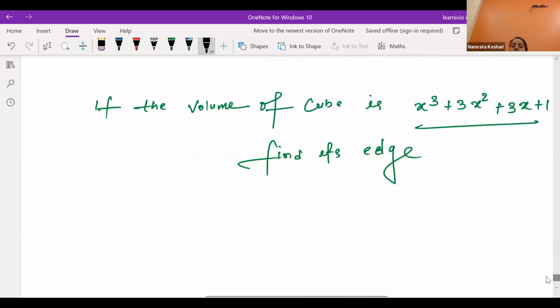So it is given that वॉल्यूम का फॉर्मूला तो हमें पता है. वॉल्यूम ऑफ द क्यूब का फॉर्मूला क्या होता है? साइड क्यूब, राइट?